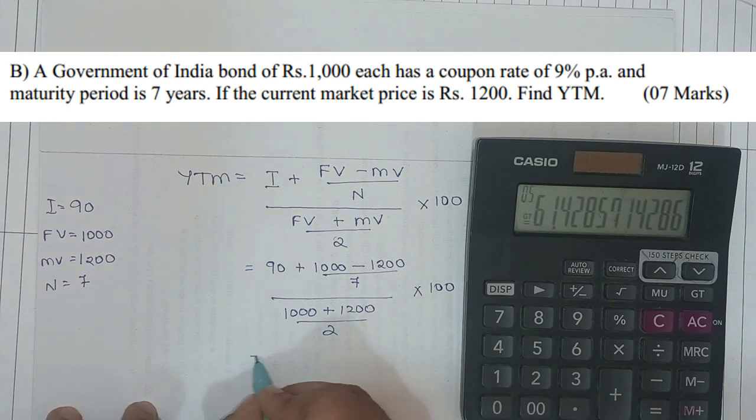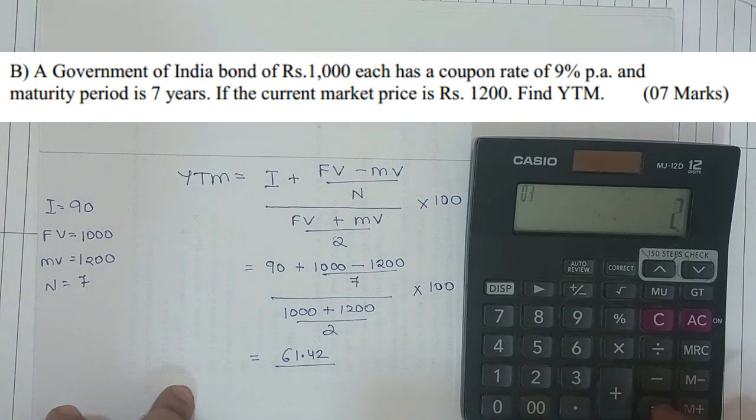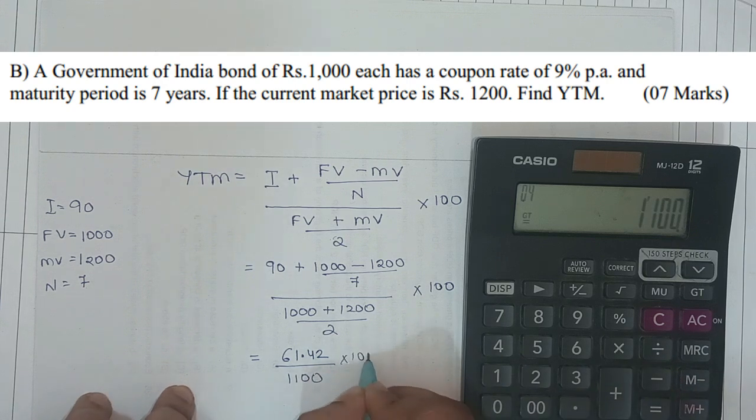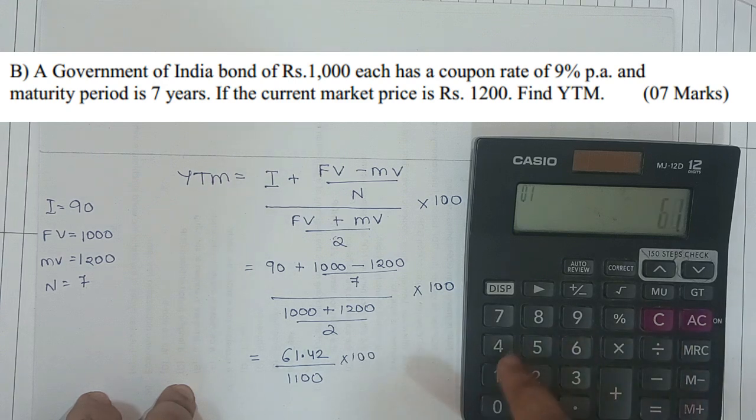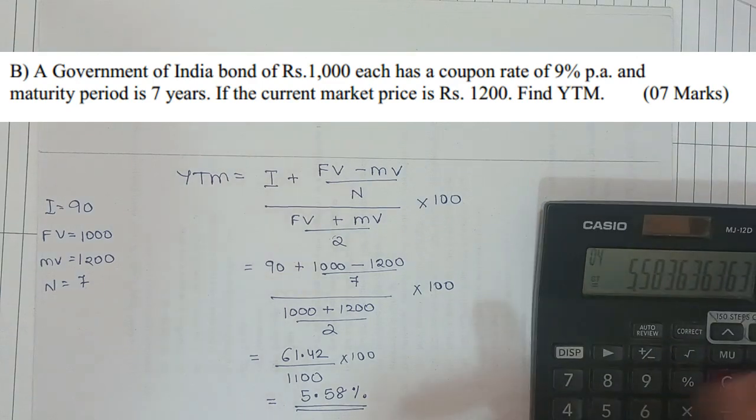So I got the value as 61.42 divided by 1000 plus 1200 divided by 2, that's 1100, into 100. So 61.42 divided by 1100 into 100, which comes to 5.58%. Okay, so our yield to maturity is 5.58%. So this is how you'll have to solve this particular sum, question number 4B. You can go through it once.